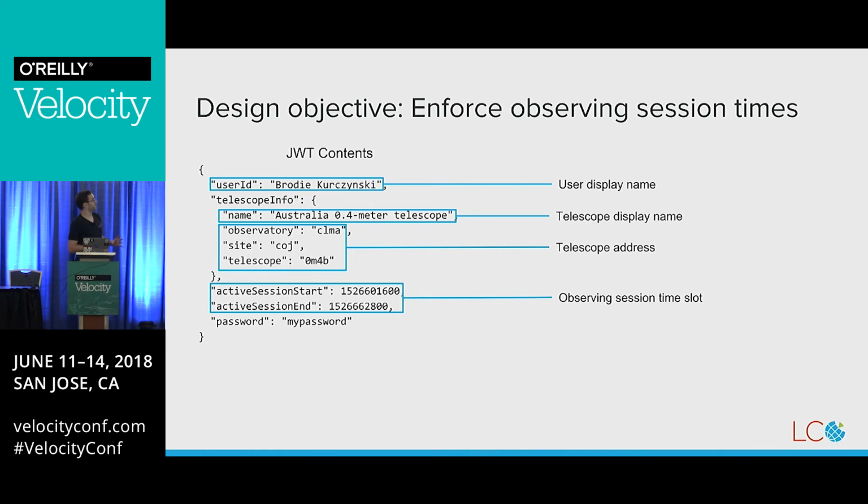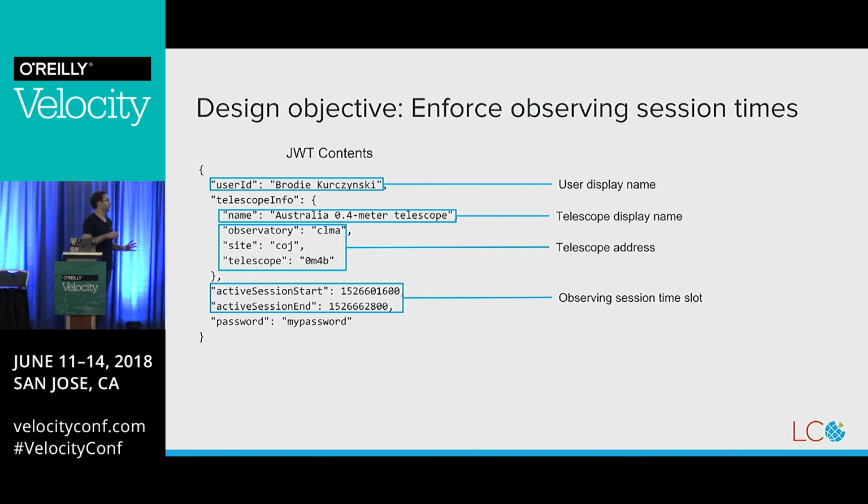Once a token is created, it is encrypted with the password distributed to admins external to LCO. These active session start and active session end times cannot be changed because the token itself is encrypted. So it can be verified on the bridge end, but it can't be modified without the password.